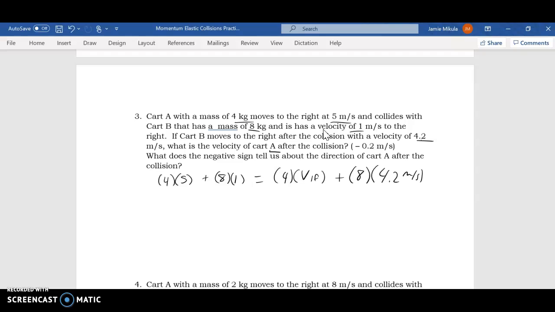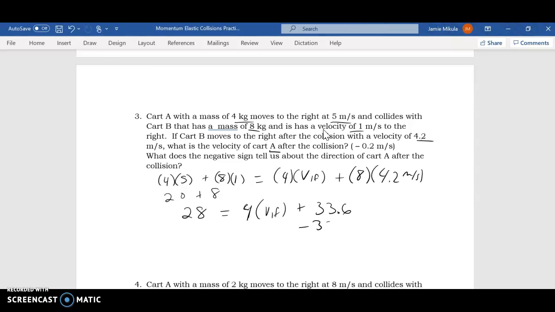Okay, so 4 times 5 is 20, plus 8 times 1 is 8, so that makes 28 on this side. And we can bring this part down since we can't multiply those. So 4 times V1F plus 8 times 4.2 is 33.6.